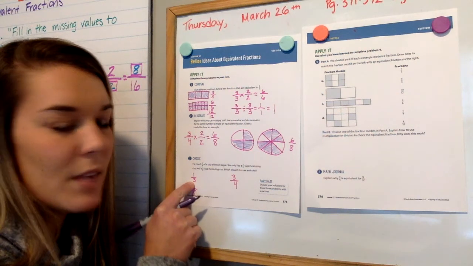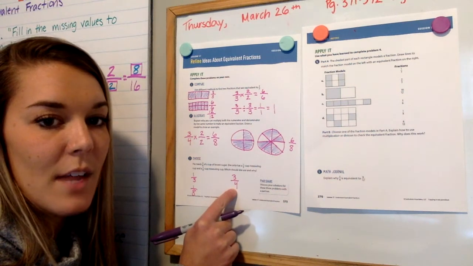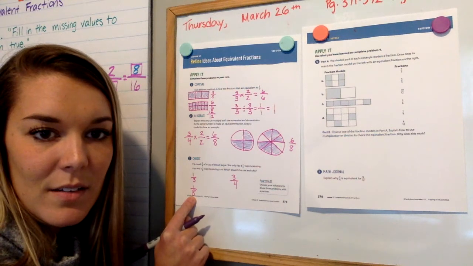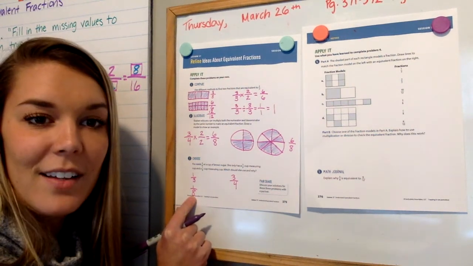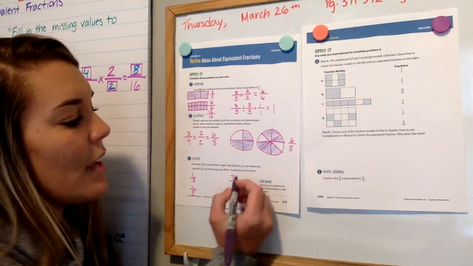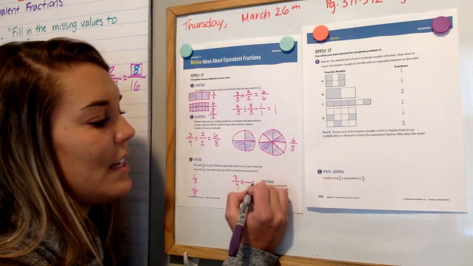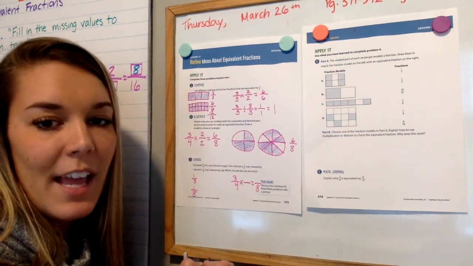No. Could I somehow make a fraction that has the same denominator as the 8? Can 4 go into 8? Yeah, it can. So I can do this. 4 times what is going to give me something with the denominator of 8?